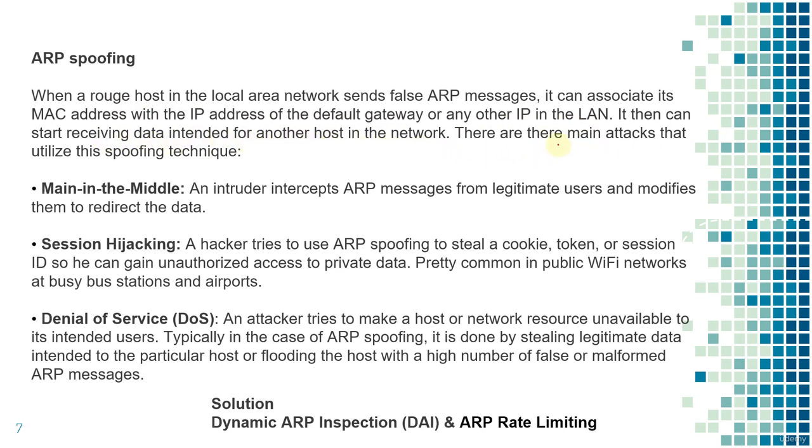So there are three main attacks that can utilize the spoofing technique, the first of which is man in the middle. As the name suggests, we have a legitimate source, in the middle we have a switch, and we have a legitimate destination. Then we have the attacker over here. The attacker could be a disconnected employee, could be anyone.